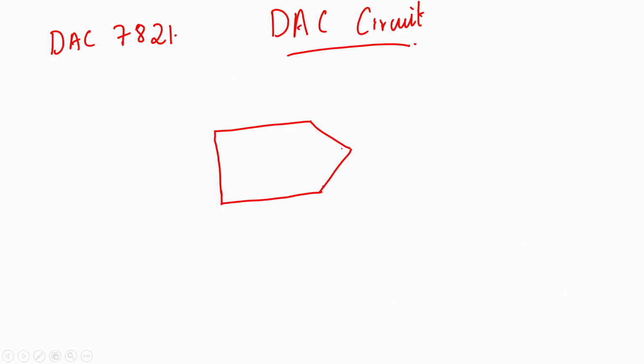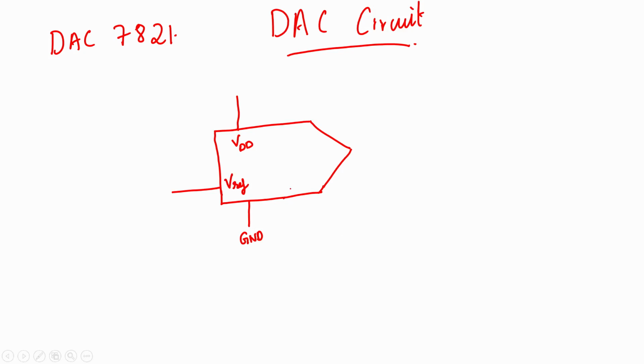So what are the main things? First is ground. For any IC you will have ground, so ground will be there. Then supply will be there, so VDD. Then because it is a digital to analog converter, it will have a reference voltage also, called VREF. Then input.